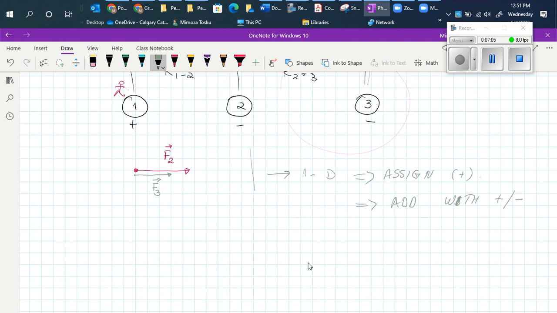The positive will be the forces that are in the same direction as the positive direction that you are assigning, and the negative ones will be the forces that are in the opposite direction.